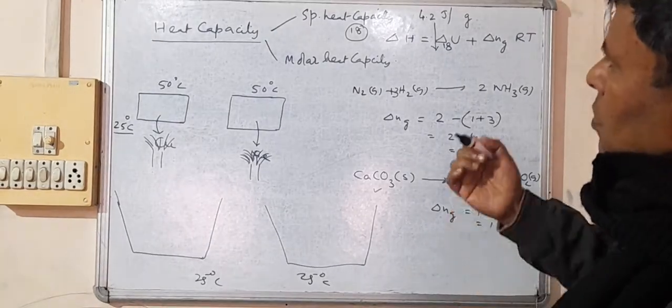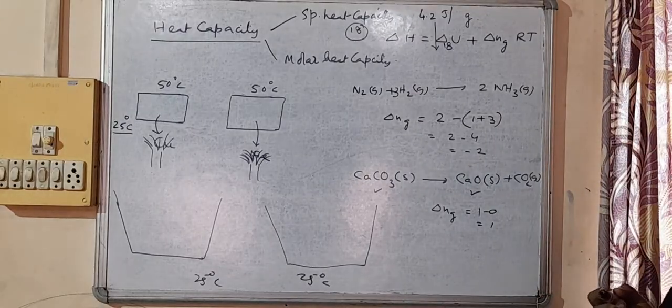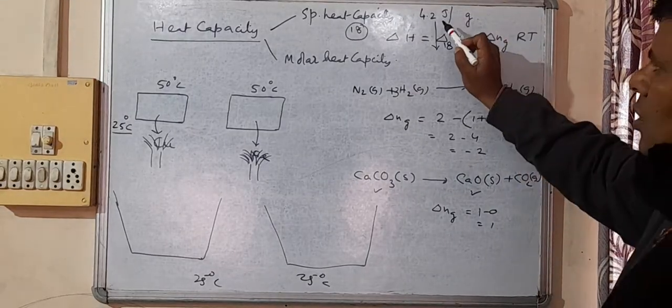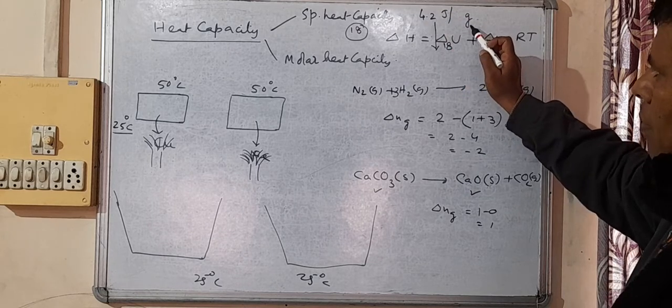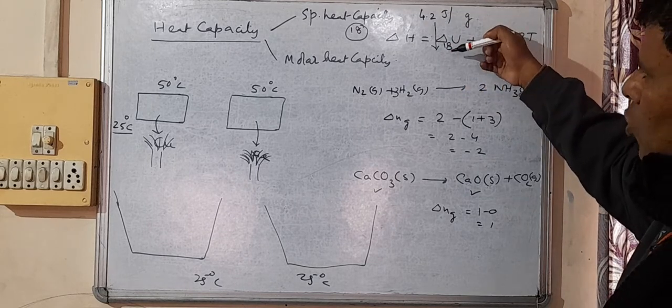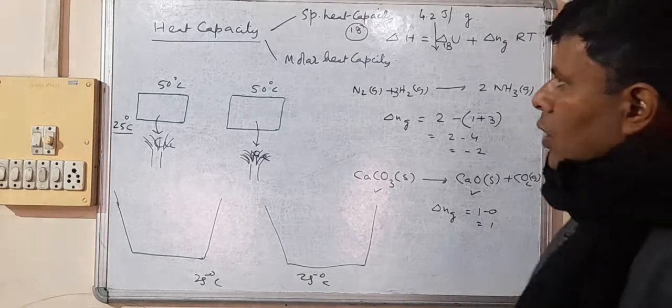So this is the relationship between specific heat capacity and molar heat capacity. If it is given per gram and you multiply it by molar mass, then we get molar heat capacity.